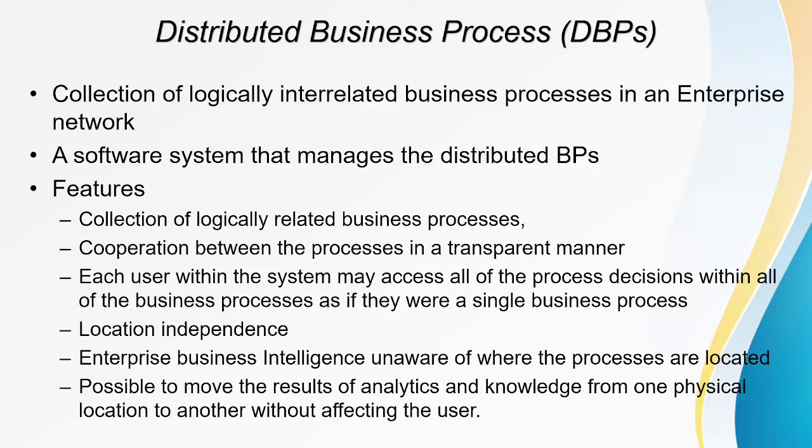Enterprise business intelligence will be unaware of where the processes are located, and it is possible to move the results of the analytics and knowledge from one physical location to another without affecting the user.